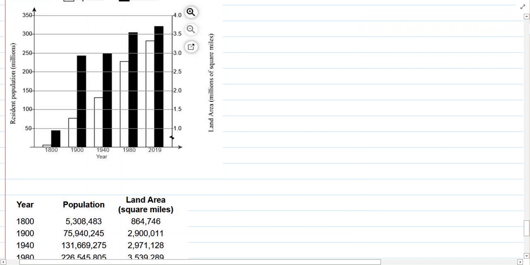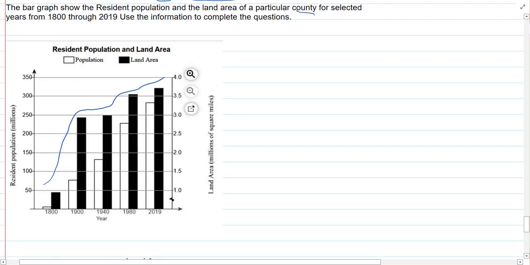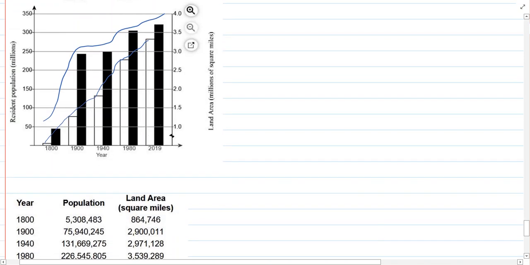Well, we can see that it has steadily increased. The light one is the population, and the land is the dark one. And the land has also increased, but the population is almost linear. I mean, it is interesting. All right.